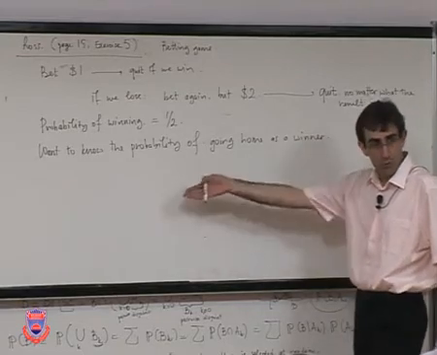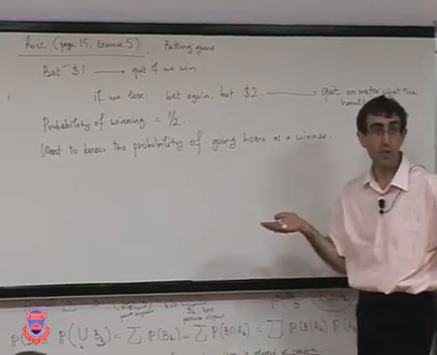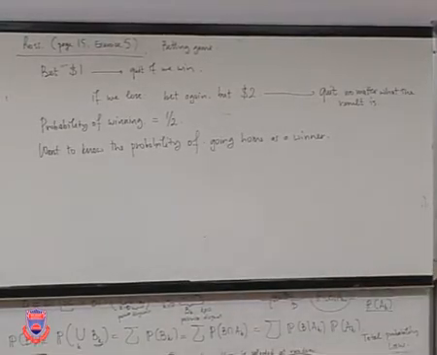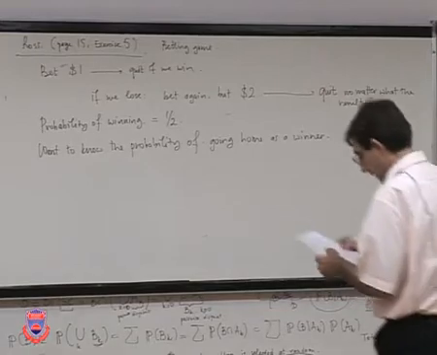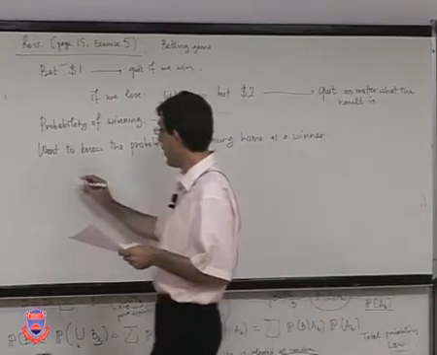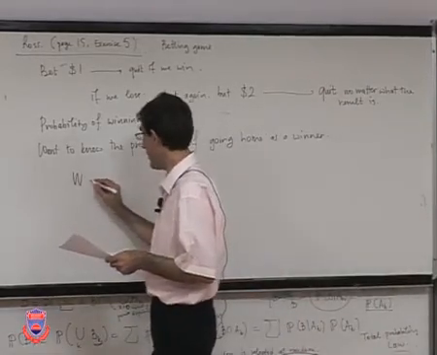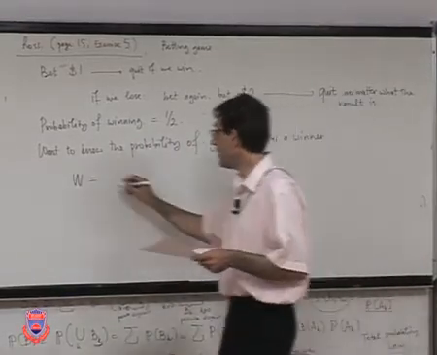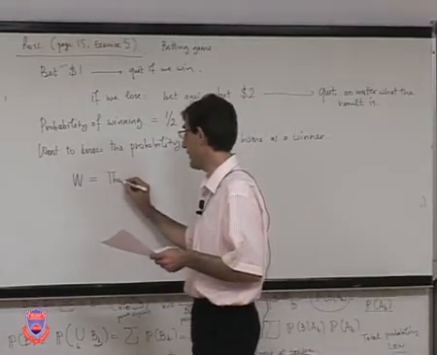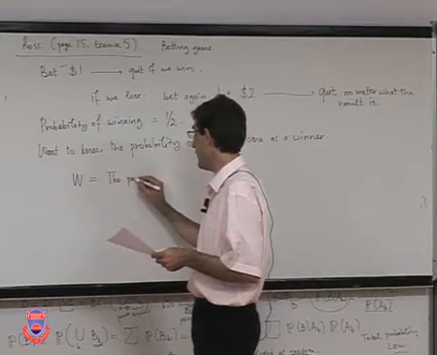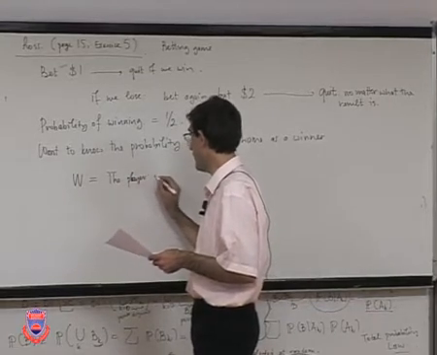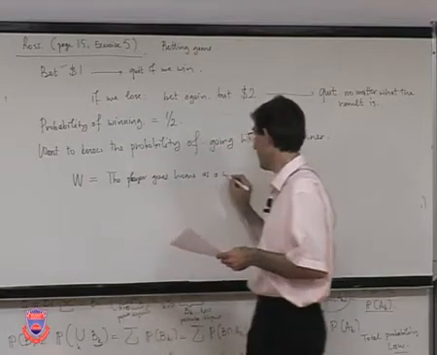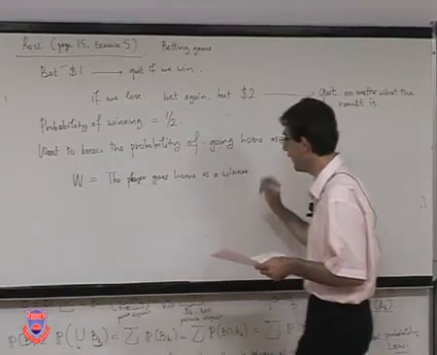I may come up with two definitions of two events, you may come up with some other two events, and they are perfectly fine. Here's what I suggest. Why don't we denote by W the primary event that we are interested in, namely that the player goes home as a winner.